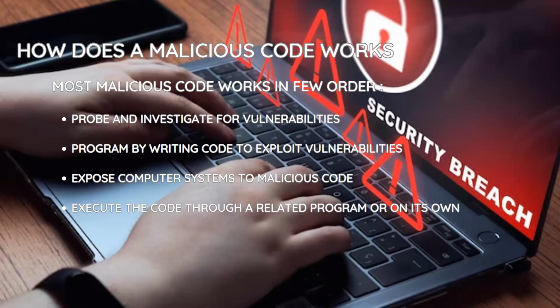The fourth phase is execute the code, through a related program or on its own. Execution of this malicious code occurs when an exposed system successfully runs the malicious code.